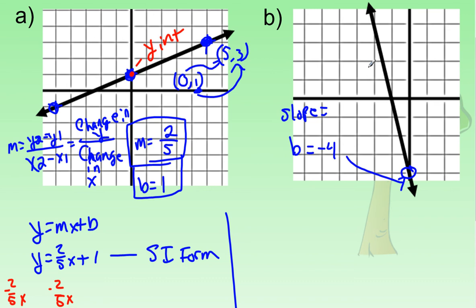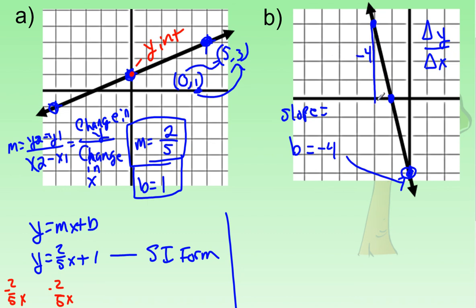Now, slope. I just need to find 2 points and count the boxes between them. On my line, I have 3. So just pick any 2. From here to there, slope is the change in y over the change in x. So from here to here, I would have to go down. You always go up or down first. You go down 1, 2, 3, 4.